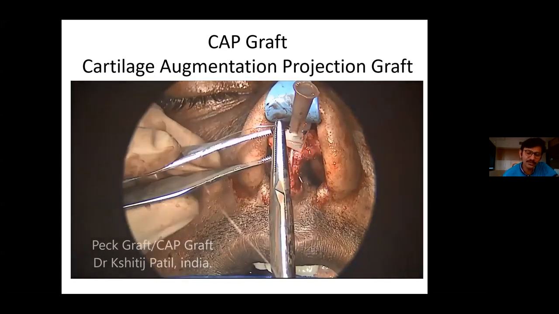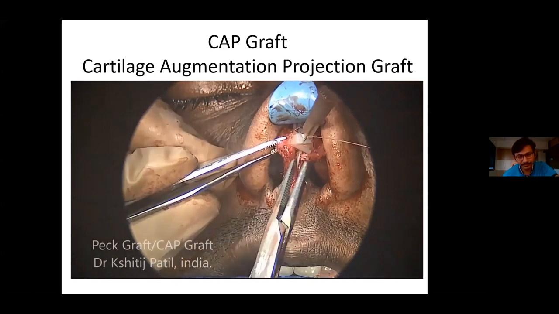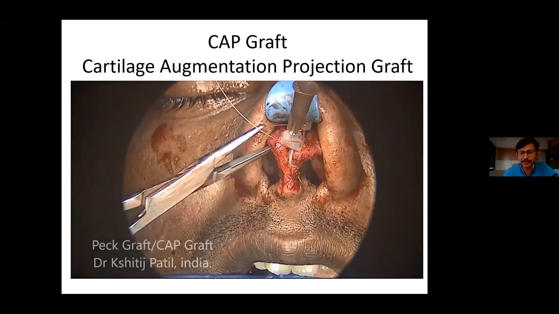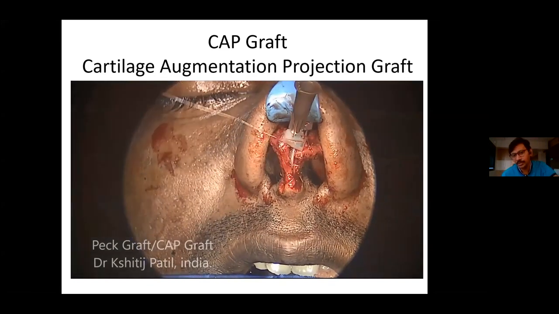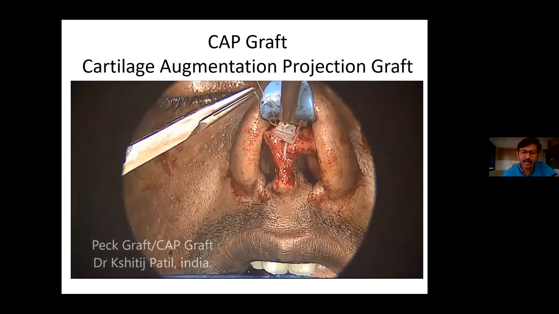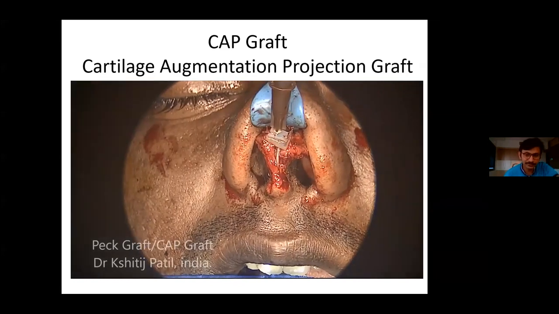Now cap graft is generally placed as a supratip lobule graft. So whenever you want a projection in a supratip area, you should put a cap graft. And the cap graft can be, all this graft can be in multiple layers.